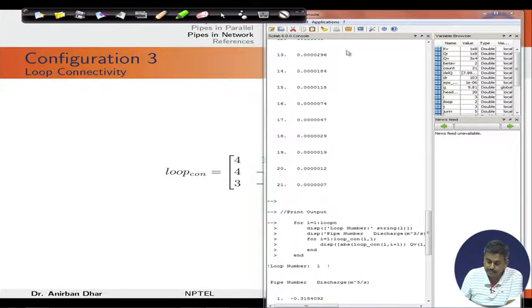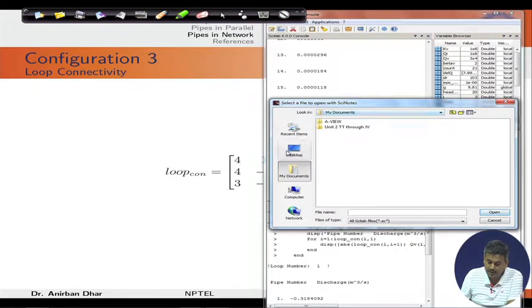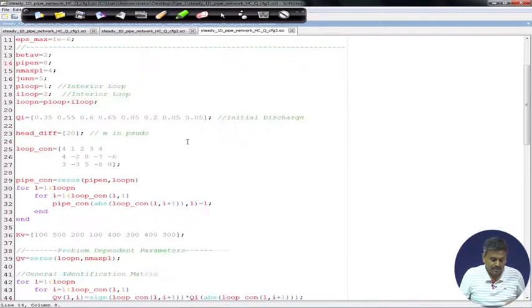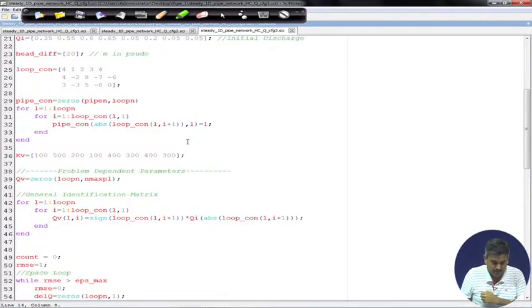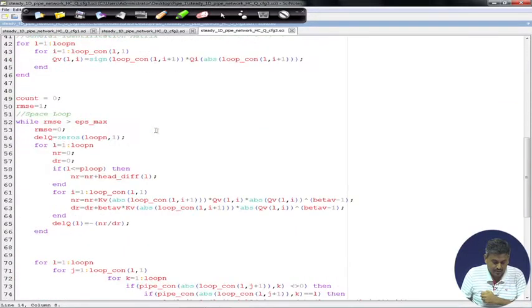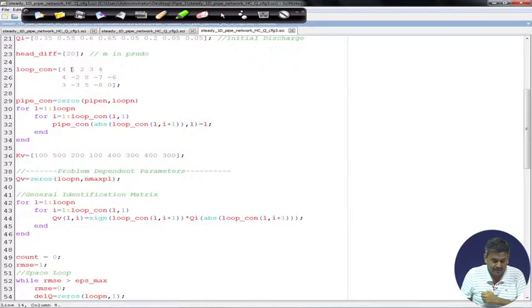So, if I open this third configuration or CFG3, now only change is there for this one connectivity matrix, this 1, 2, 3, 4, these values are there.